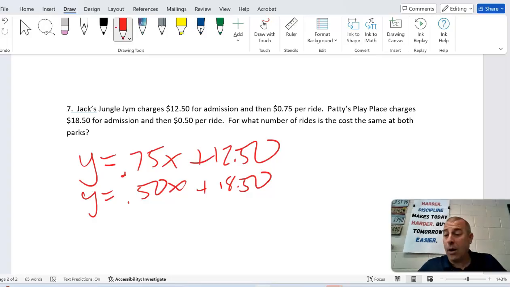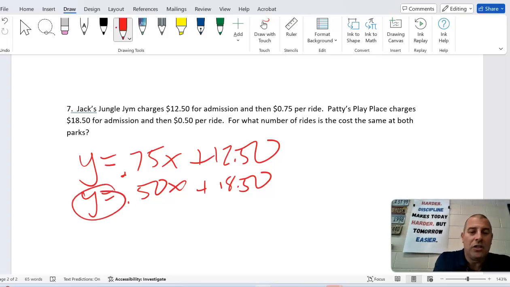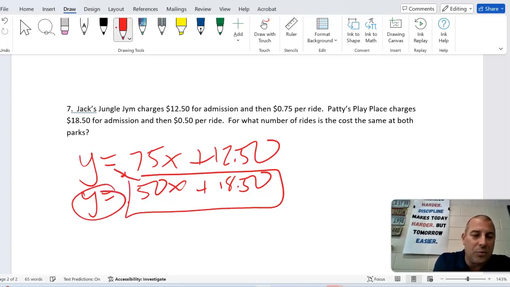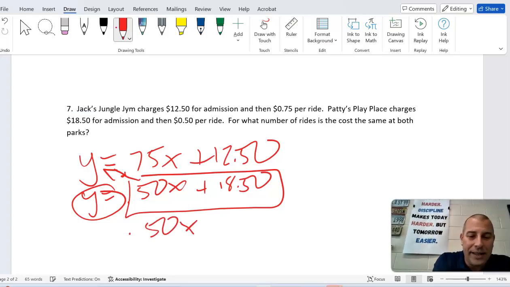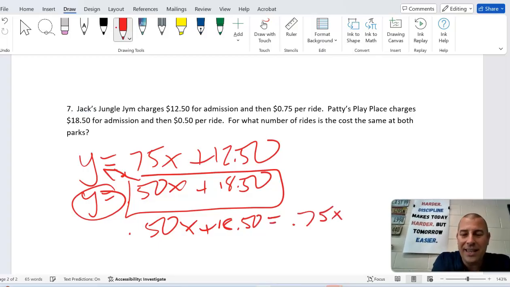So we just set them equal to each other. The nice thing is they're telling me what y equals, so if this is what y equals, we're just plugging it into the other y. So we get this equal to that.